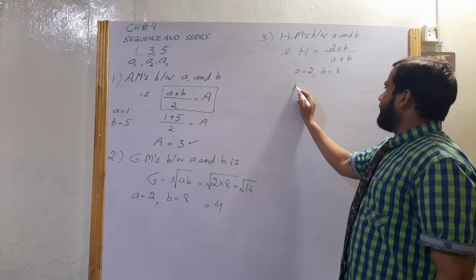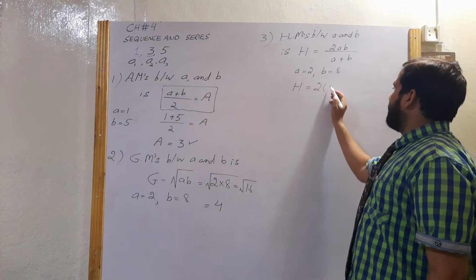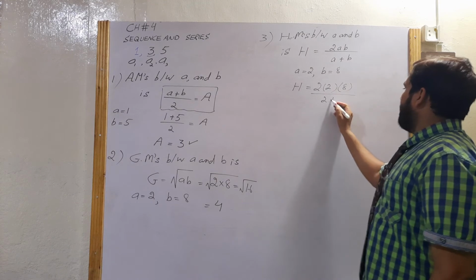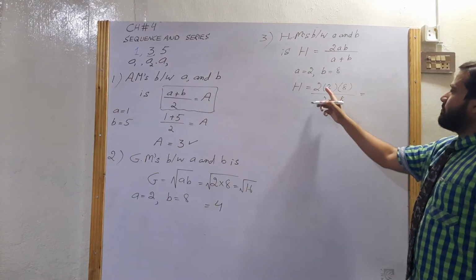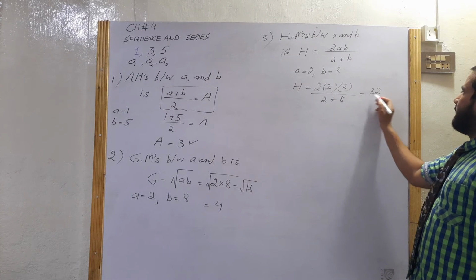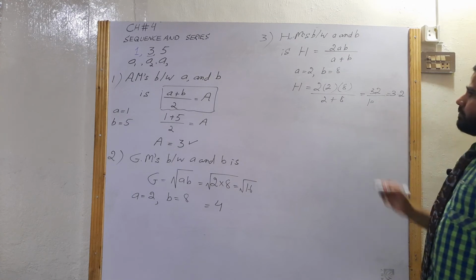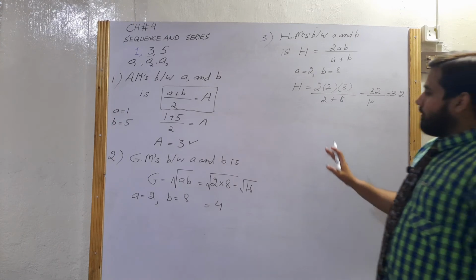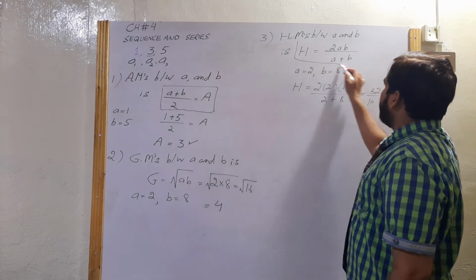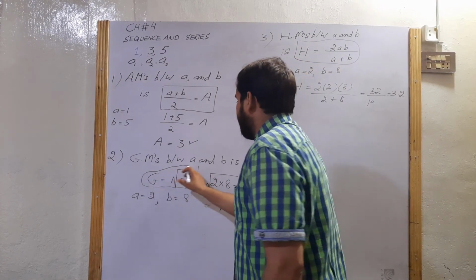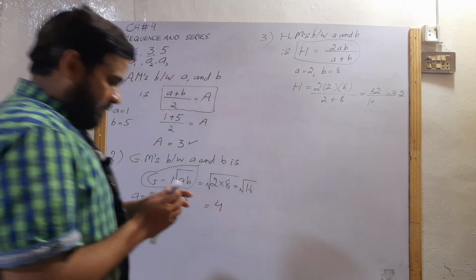So H is equal to 2 times A, which is 2, times B, which is 8, divided by A plus B. Simplification: 2 times 2 is 4, 4 8s are 32, divided by 10, this is equal to 3.2. So, it is the formula for the harmonic mean between two numbers, and that is the geometric mean between two numbers.